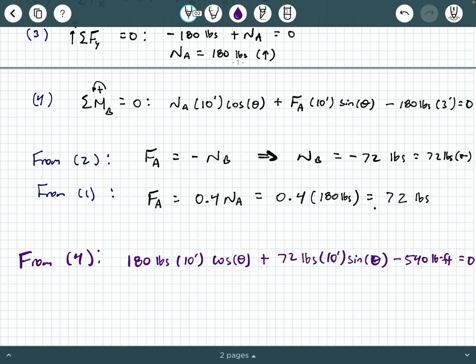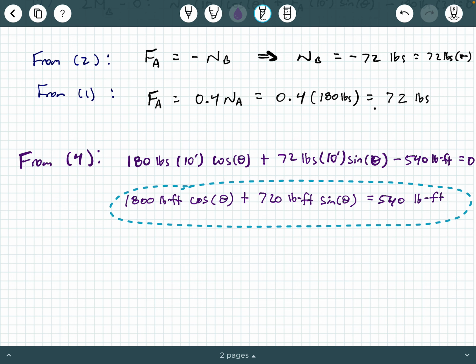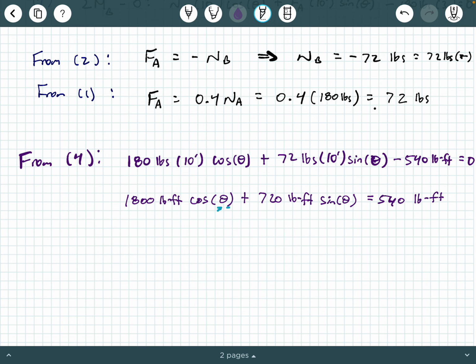So we can do a little bit of simplifying here. We'll get 1,800 pound-feet times cosine theta, and then we'll get plus 720 pound-feet times sine of theta equals 540 pound-feet. And so here this is a somewhat tedious equation to solve for theta, because notice you got theta trapped inside a cosine and a sine.